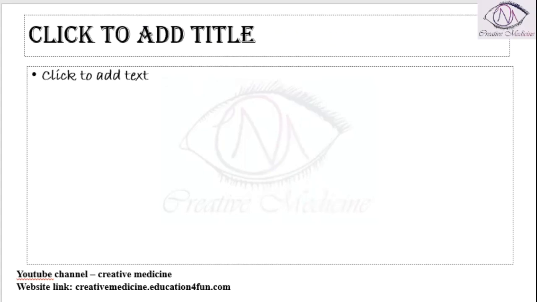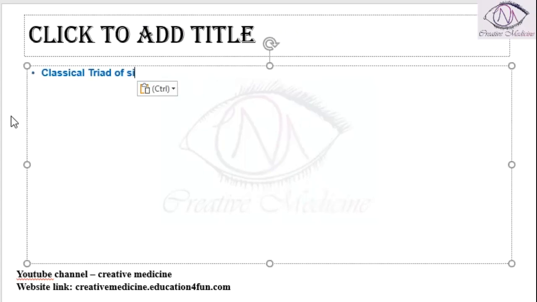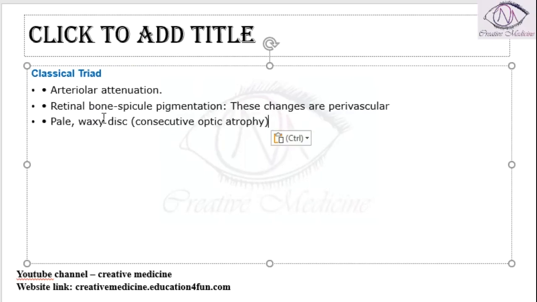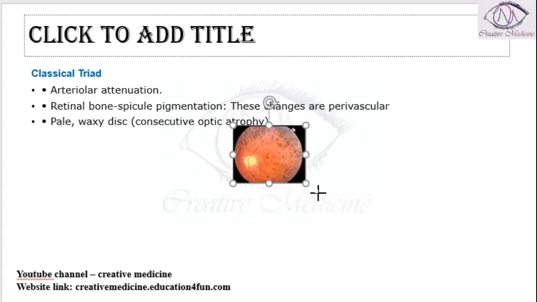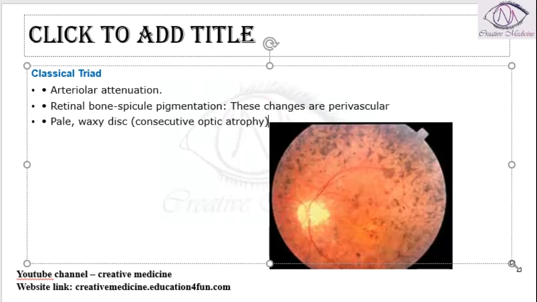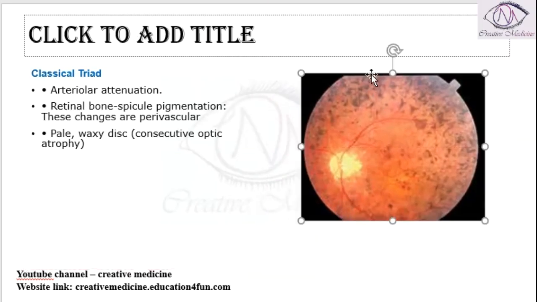In retinitis pigmentosa, a classical triad is seen, which mainly consists of arteriolar attenuation. On fundus examination, it looks something like this, with arteriolar attenuation seen. These are the bony corpuscle or bony spicule pigmentation seen here.